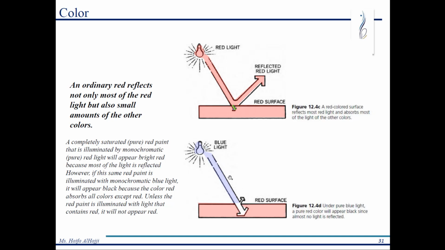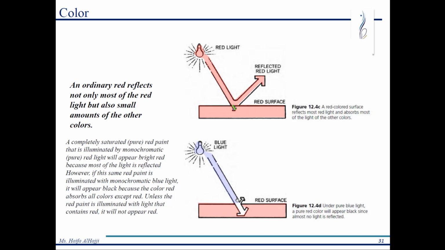So in here we can see a clearer example of the absorption. For example, if you have a blue light, and let's say the blue light is not a pure blue light. Let's say it's a mix of colors, so it's blue with a little red and a little green. The blue part will be absorbed. It's not going to be reflected by the red surface.